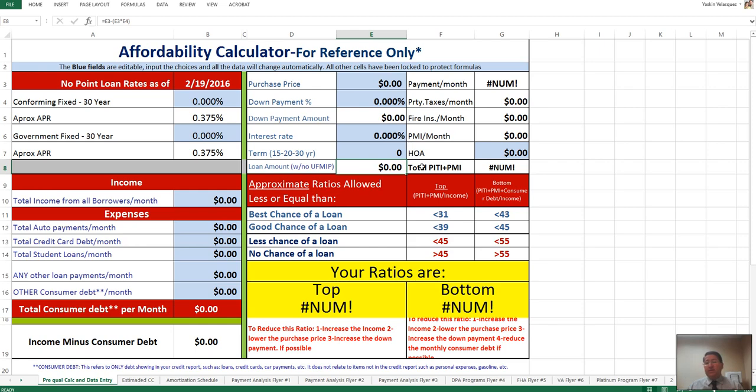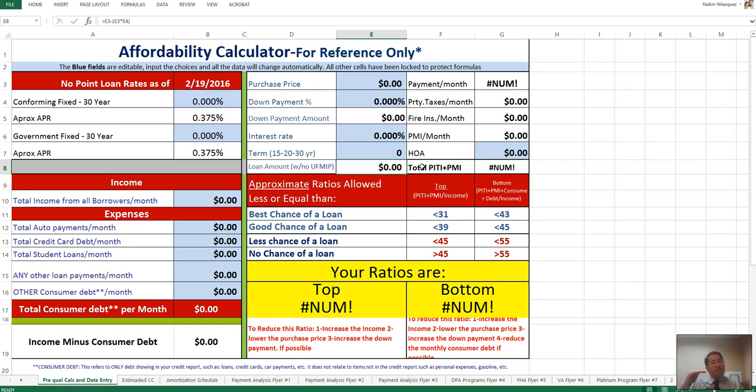So the ratio for consumer debt for government loans is 45% plus consumer debt for a total of 55%. So your mortgage payment and your consumer debt should not exceed 55%. And when I'm saying 45 and 55, I'm talking about the limit. You should always aim to be lower than that, somewhere like 41 and 50, or 41 and 51, or 42 and 52, something like that.